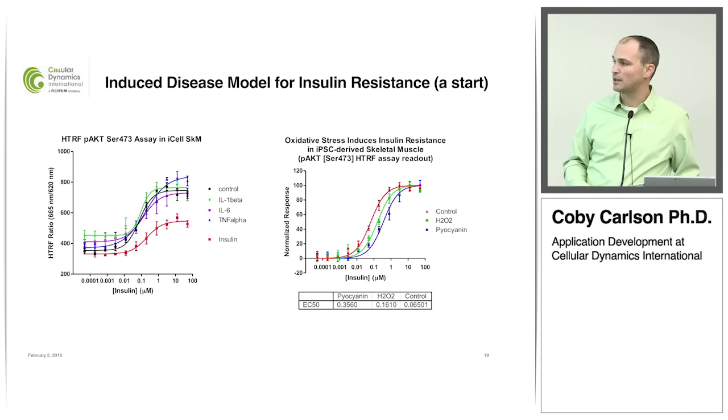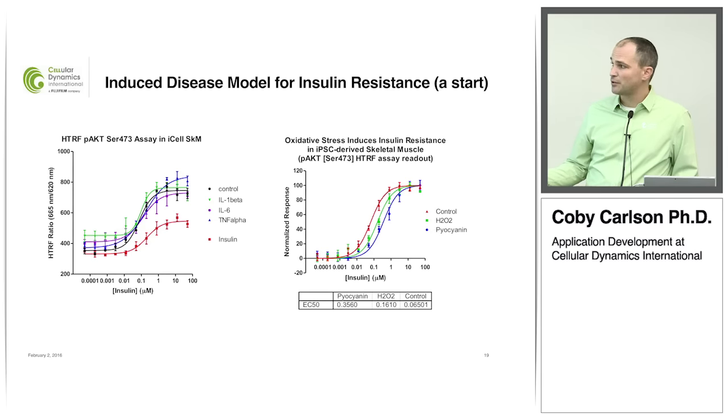The next part of the assay was another way to do the same thing, and again, I thought this was good data. If you put the cells under conditions of oxidative stress, that also caused some problems with the cells and how they respond. What you're seeing here is that in red, there's the control curve with insulin, and then if you culture the cells in the presence of peroxide, this is just at a medium-ish concentration for about 2 hours.